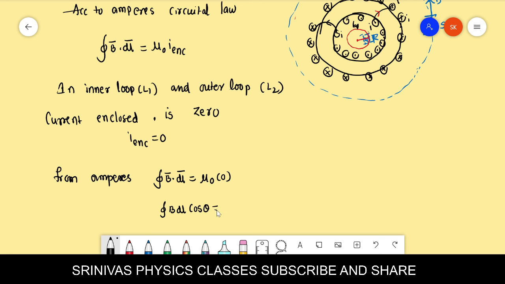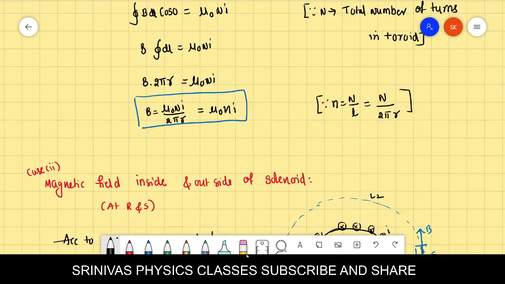The right side is 0. Here we write B times the integral of dl cos theta. From this, you will get the B value as 0. The magnetic field in the interior and outside is 0.